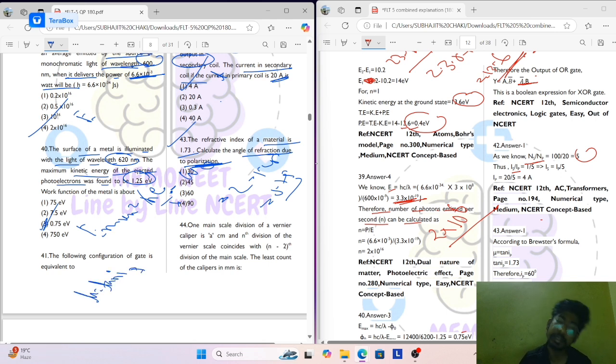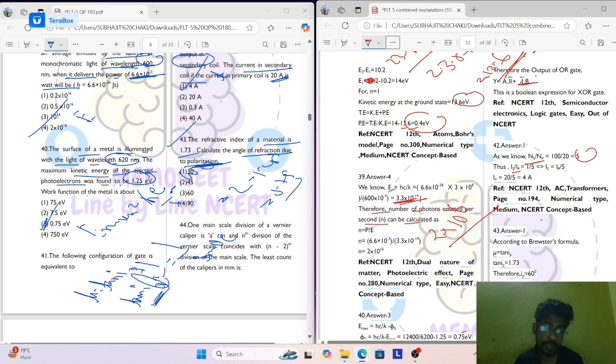So tan Ip equals 1.73, right? 1.732 means root 3, around 60 degree.